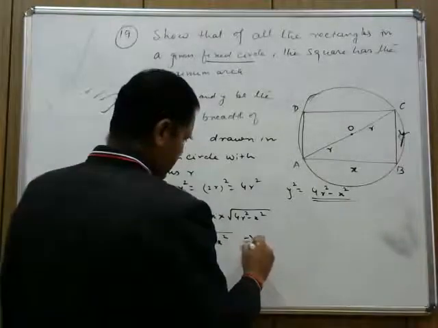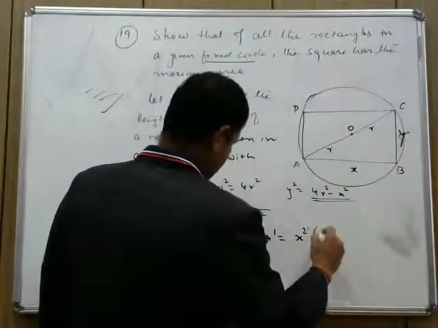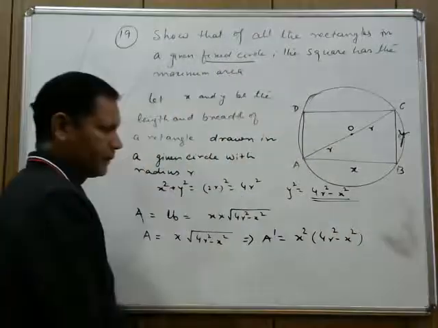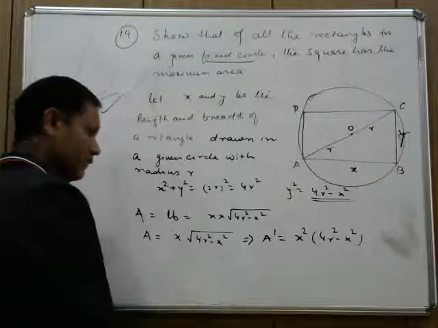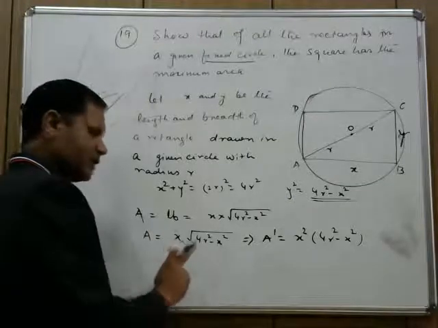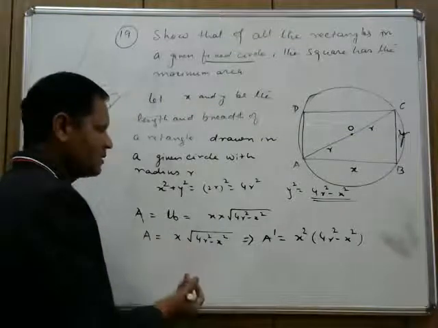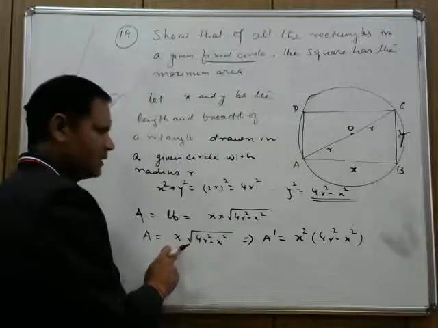Therefore, it implies that I will write A dash is equal to x square into 4r square minus x square. Right? And now we will differentiate it. If I differentiate here also, we will get the same result. Right? Here the function is easy, that's why we can do it.